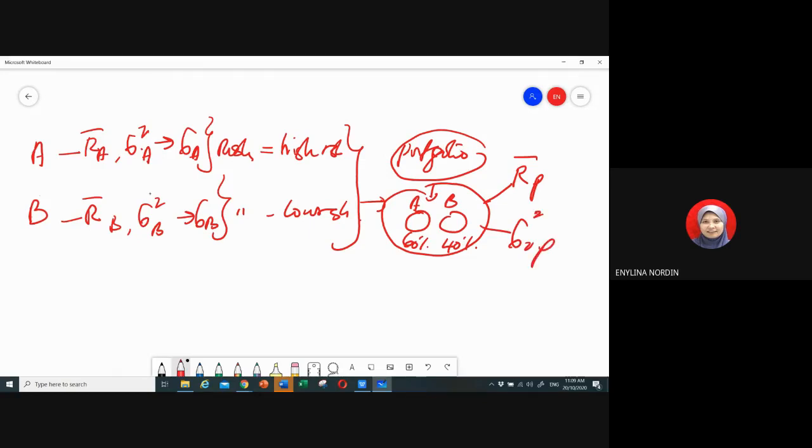Then the standard deviation of the portfolio is the square root of the variance.